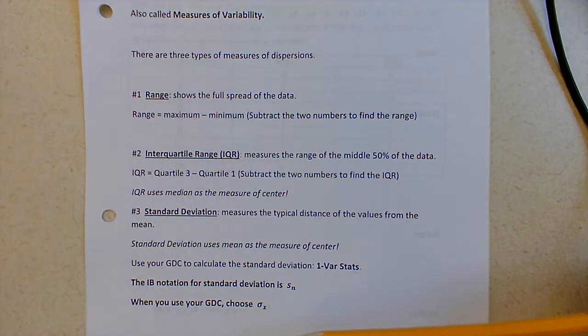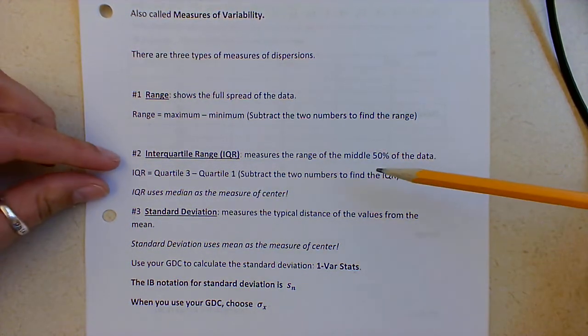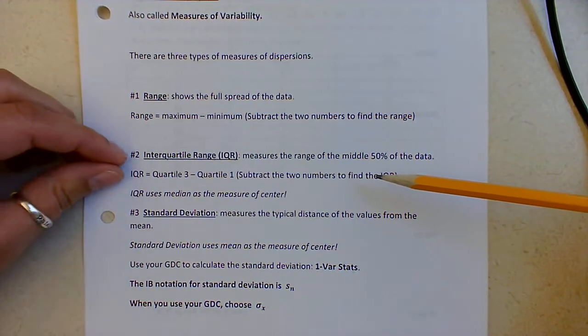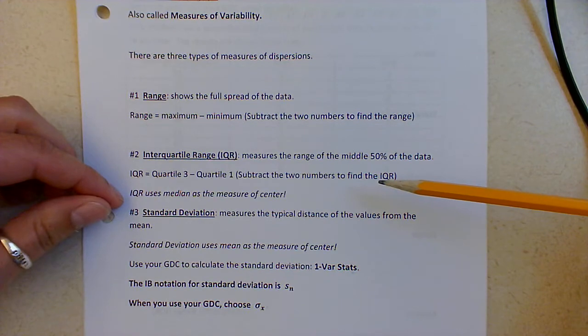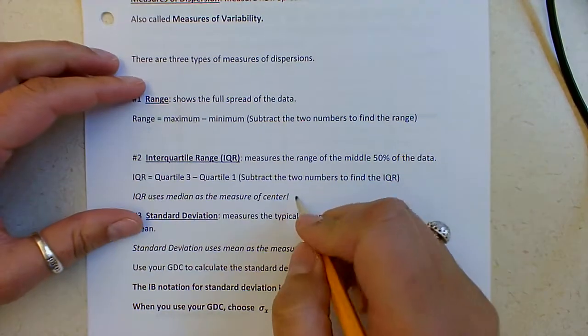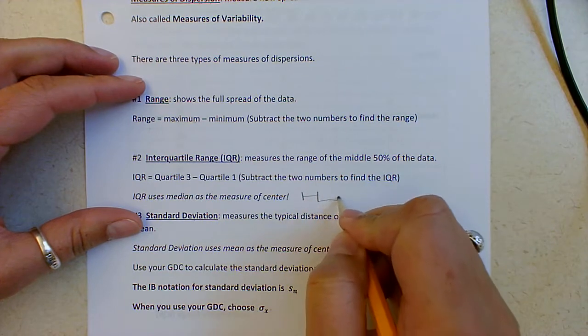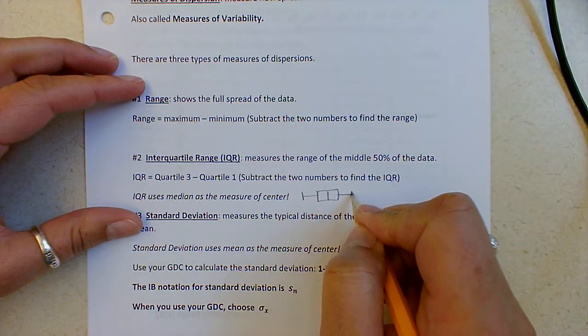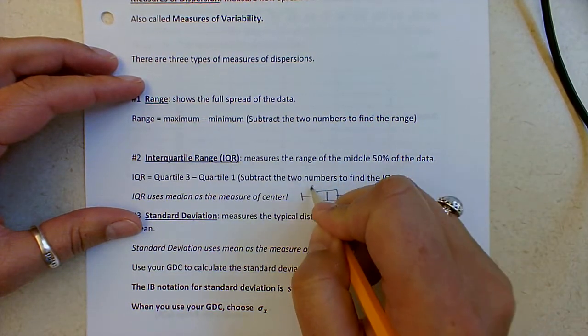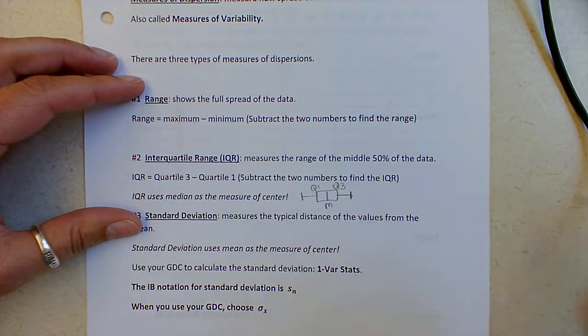Now, before we go on to our examples, I just want to go back to interquartile range and standard deviation, because these are 2 that use different measures of center. This uses the median, and I did mention that we use a box plot, which you'll recognize as this. The median will be here, and you have quartile 1 and quartile 3.